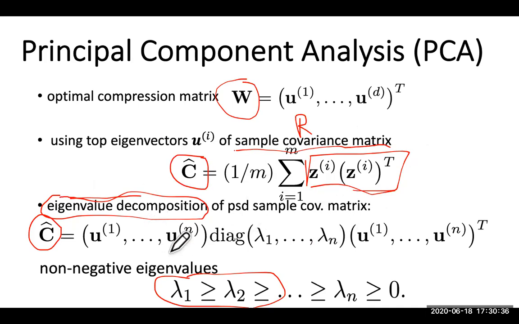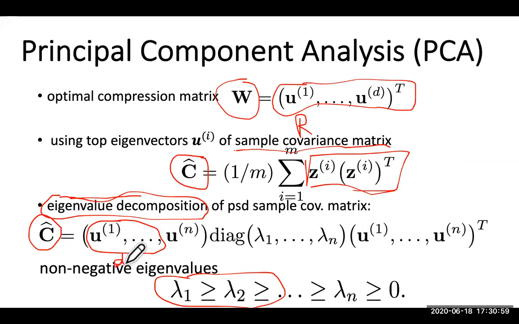And then you can conveniently read off the rows of the optimal compression matrix, which are given by the first few eigenvectors of the sample covariance matrix. So typically you do not take all these eigenvectors, but only the first d ones.